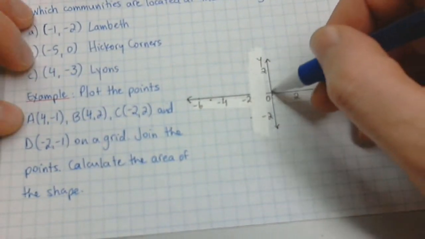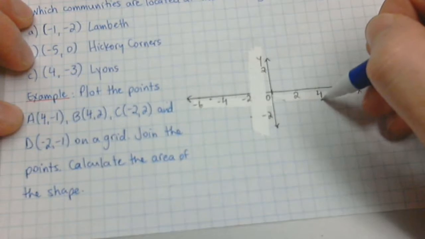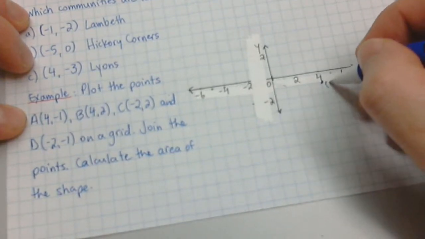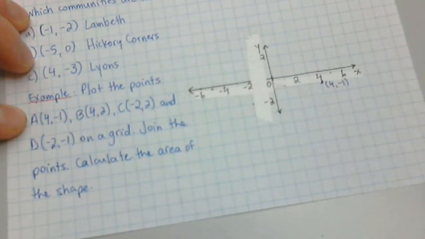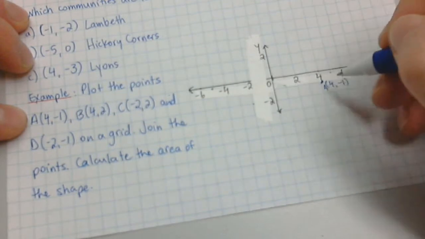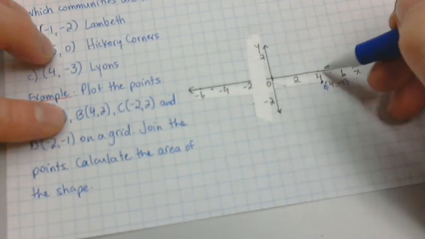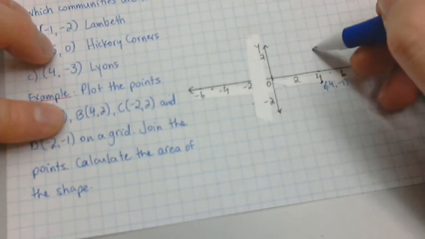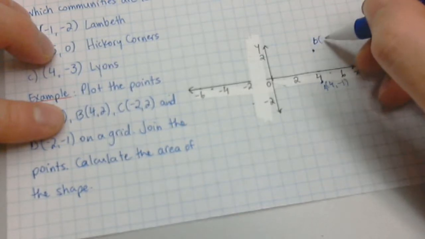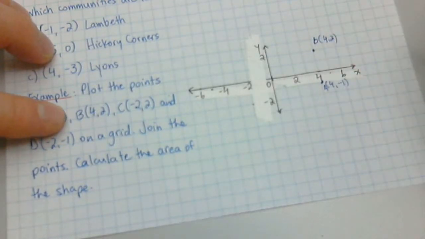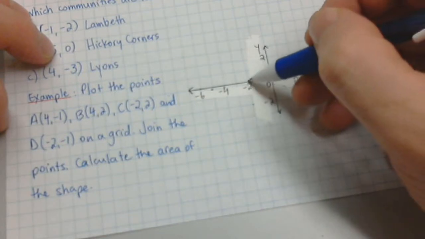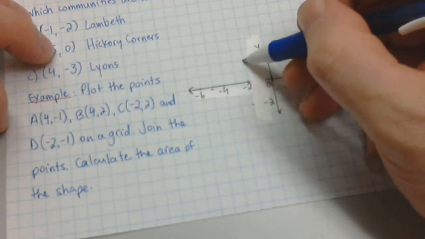So our first one's at 4, -1. And it's going to be point A. Then B is at 4, 2. So 4 to the right, and then 2 up. So it's B, 4, 2. C is at -2, 2.